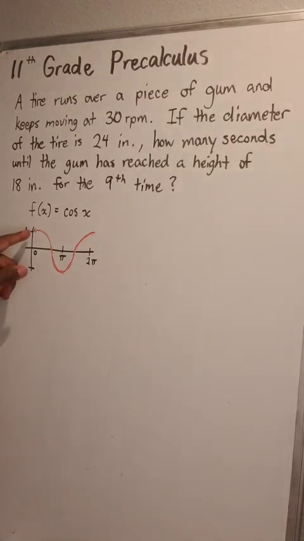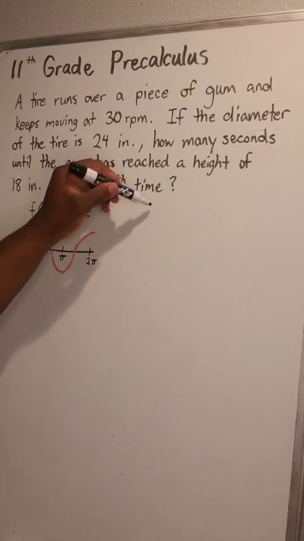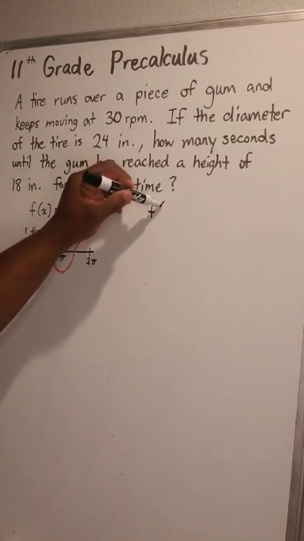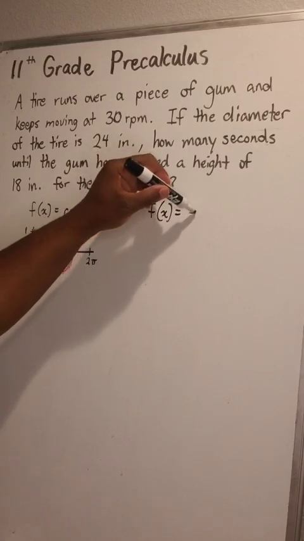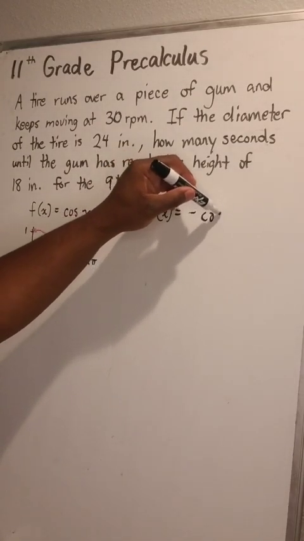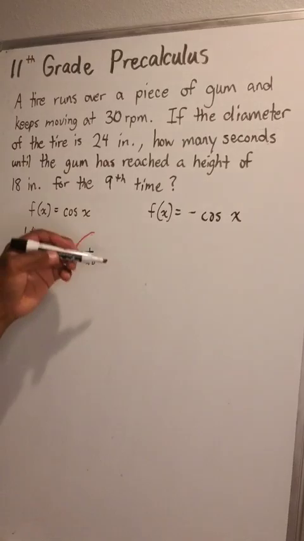And here, this is starting at the top and then going down and then going back up. So something that is a little more realistic is we're going to flip this upside down. And the way we're going to do that is we're going to use f of x equals negative cosine x.